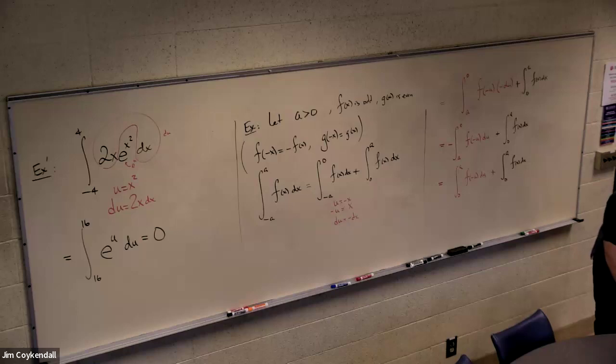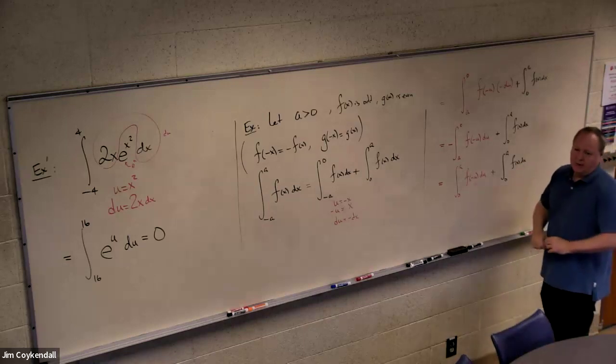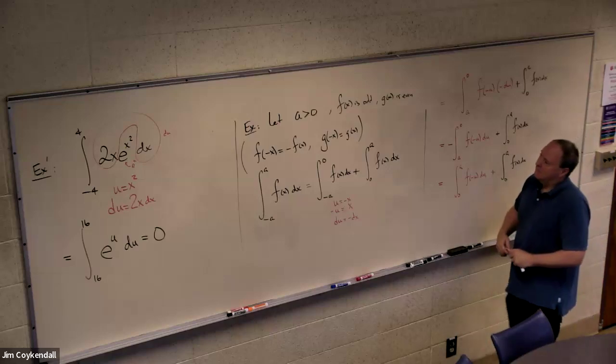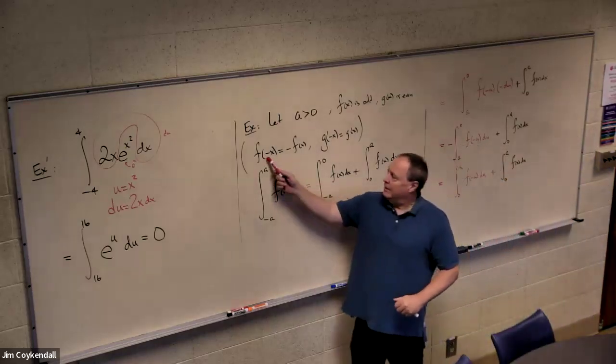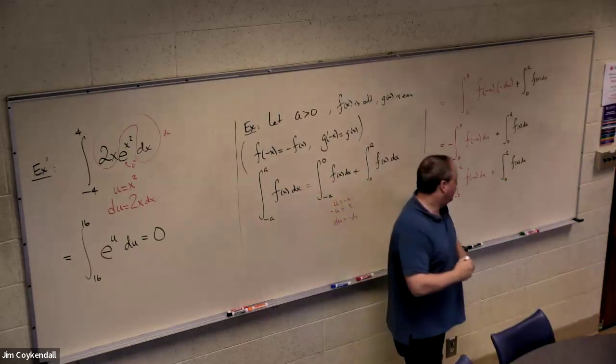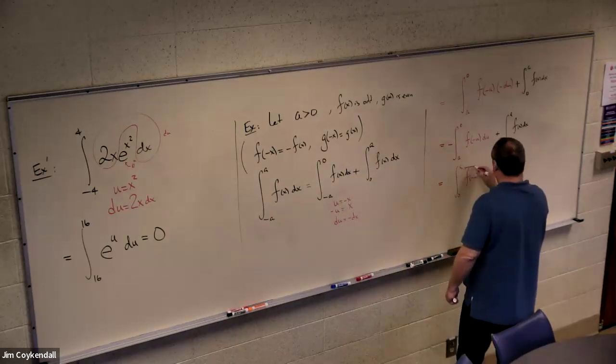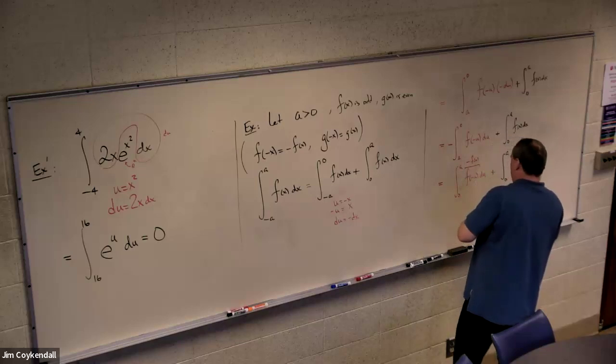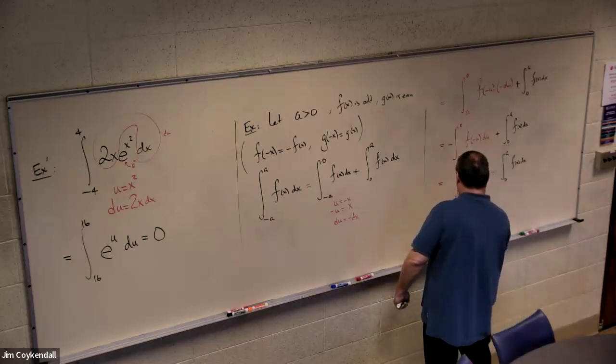Now, the only thing I haven't used here is the fact that f is an odd function. What can I replace f of minus u by? f of minus u is minus f of u. So this is the integral from 0 to a.